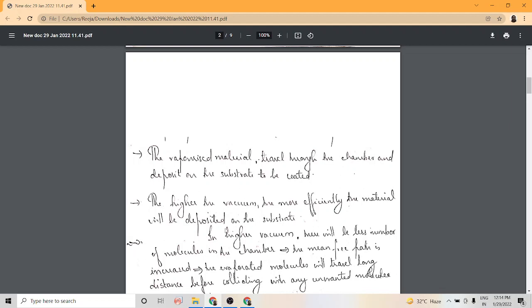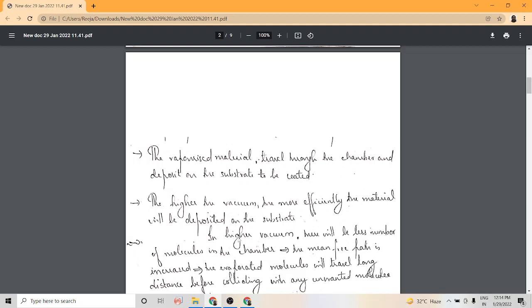There will be some kind of gas inside the chamber, either air or some other unwanted gases, and these vaporized atoms will collide with these air molecules, and effective deposition of vapor atoms on the substrate will not take place.